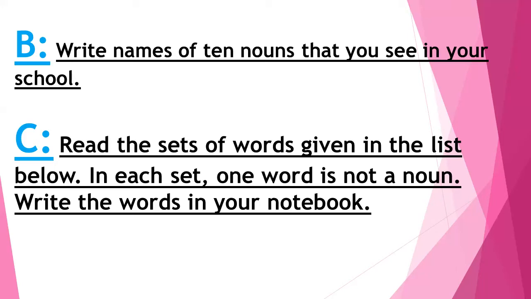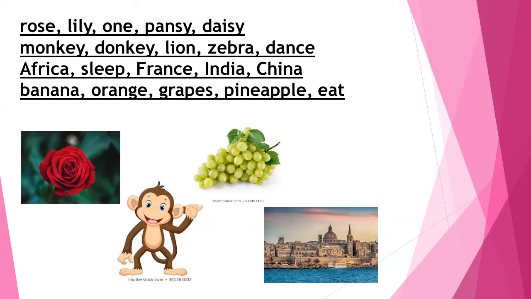Remember, in each set, one word is not a noun. Okay, you have been given some sets. First of all, you have been given some flowers' names. Tell me which one is not a noun here. Yes, one. One is not a noun here.